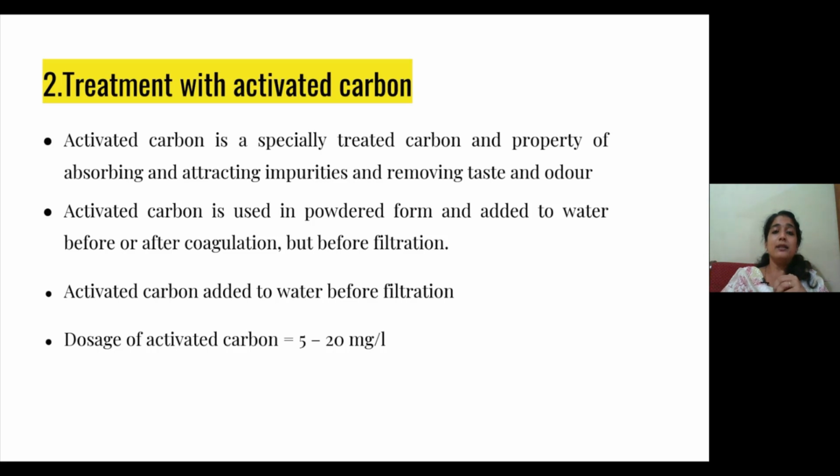This is provided before or after the coagulation tank, but certainly before filtration. By doing this, the activated carbon will absorb the impurities, gases, and taste and odor from the water. The dosage of activated carbon should be between 5 to 20 milligram per liter.